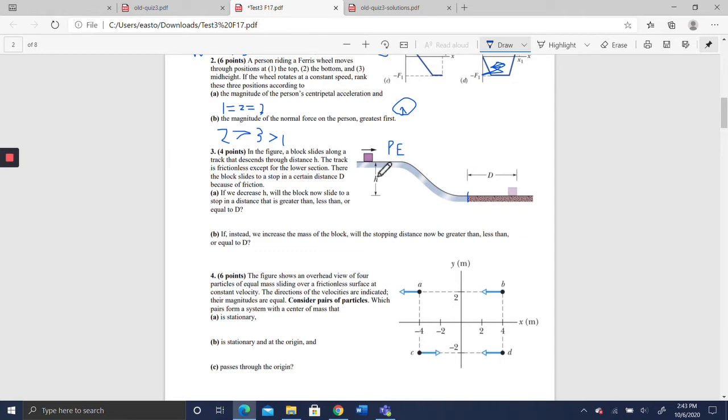So if we decrease h, we will have less energy here, so we'll be able to slide less far. So less than d.